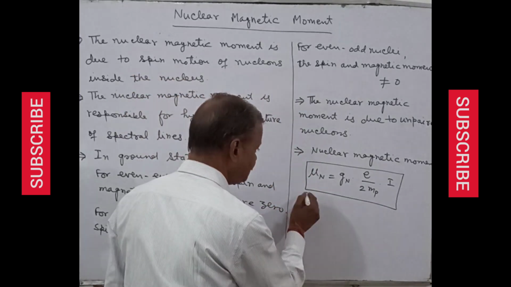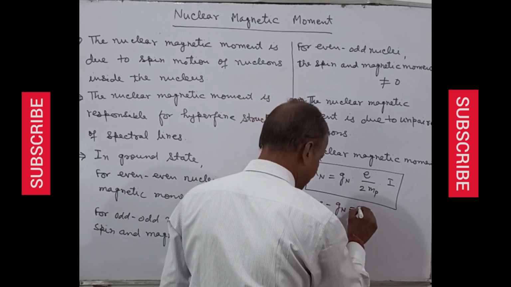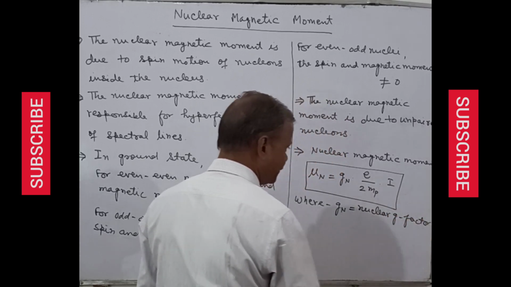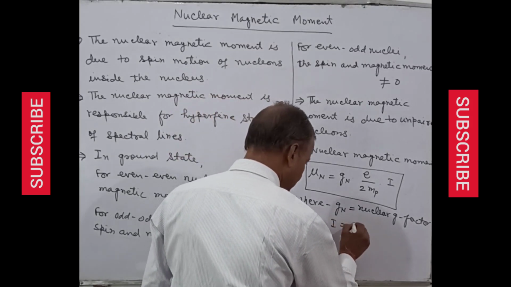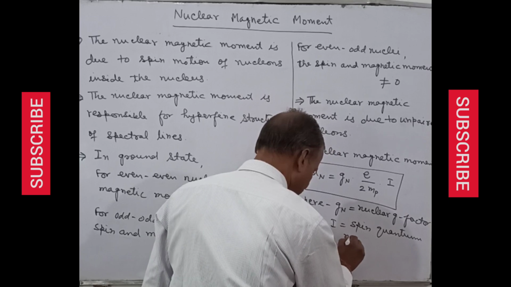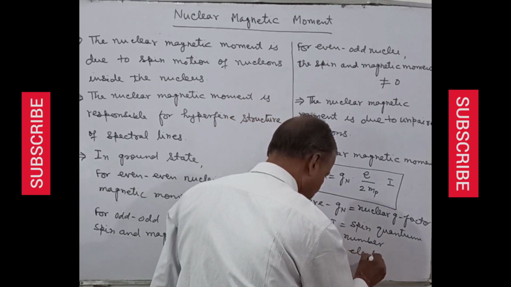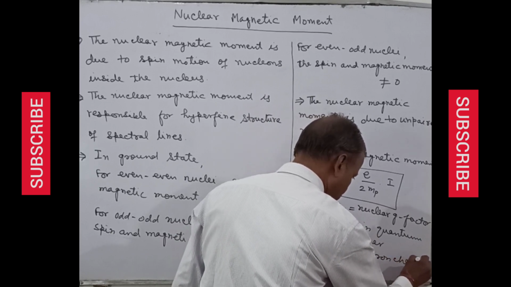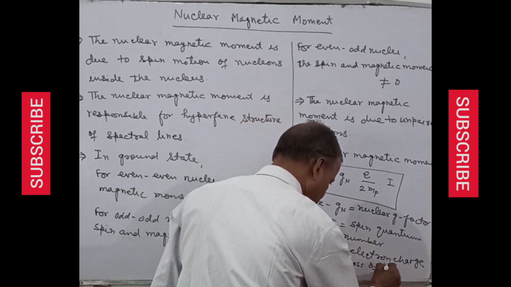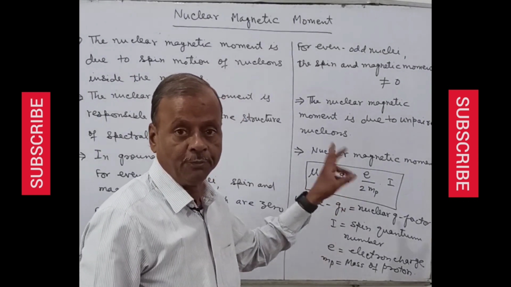Where Gn is the nuclear G factor, I is the spin quantum number, e is the electron charge, and mp is the mass of the proton. This is denoted by mu n.